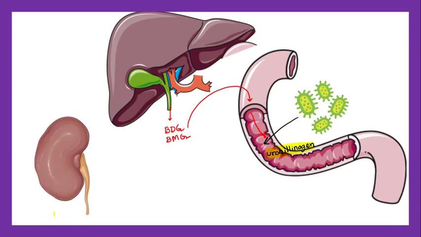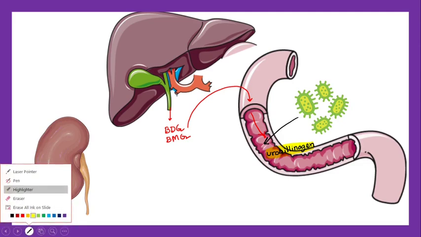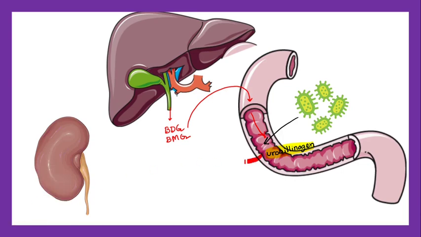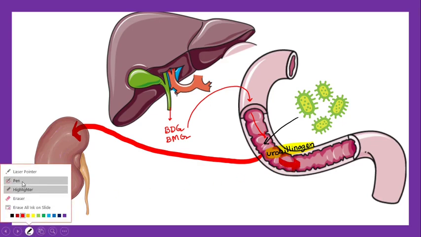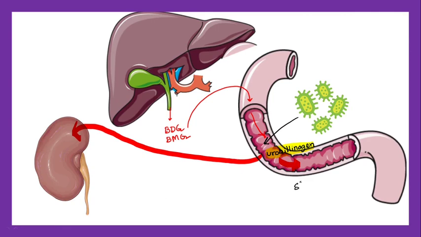Now, some of this urobilinogen is absorbed into the systemic circulation, and from that it passes into the kidney, and some of it remains within the gut, and the amount which is left in the gut is known as stercobilinogen, and is excreted through the anus with fecal matter, right?